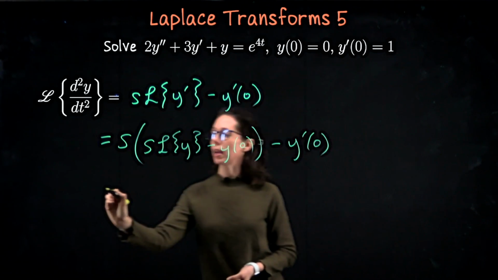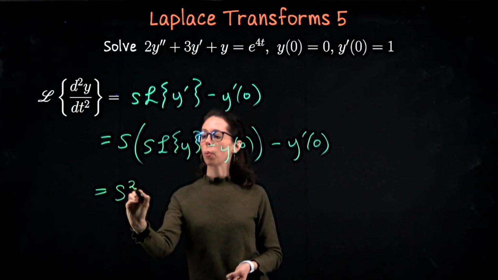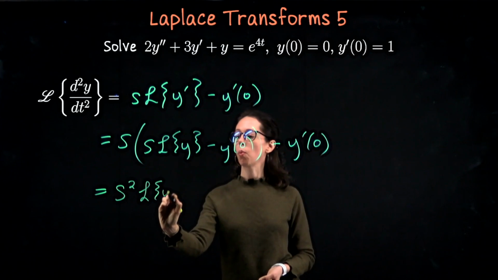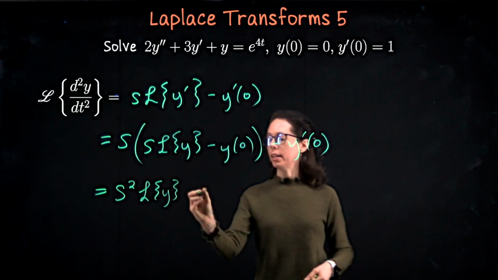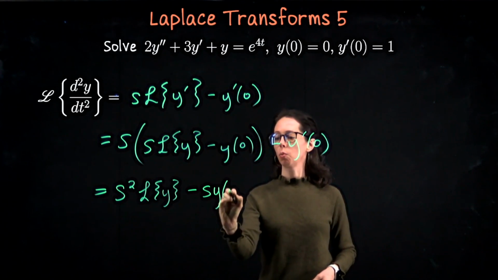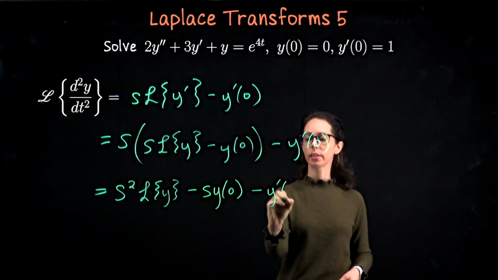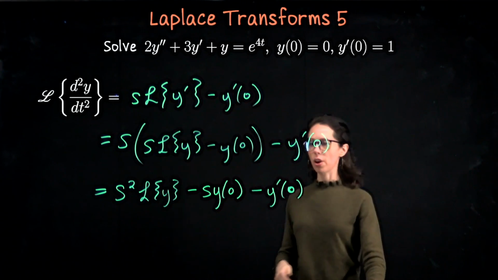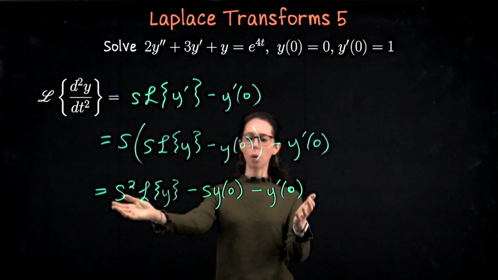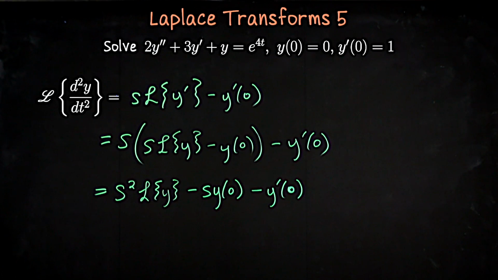Let me just write down that this is s squared times the Laplace transform of y minus s times y at 0 minus y prime at 0. So as long as you know this formula, you can always rederive this one.